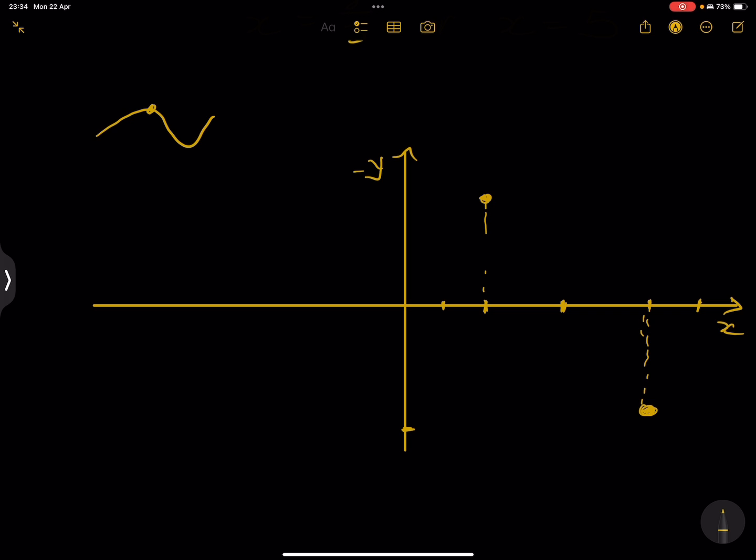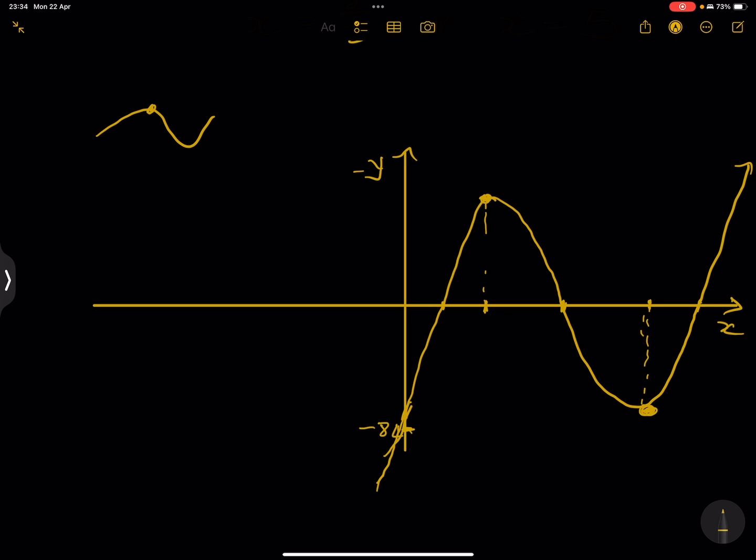Okay, so that would be negative 84 there. All right, so this is what our graph would look like. That's our turning point. All right, so that is what our graph would look like.